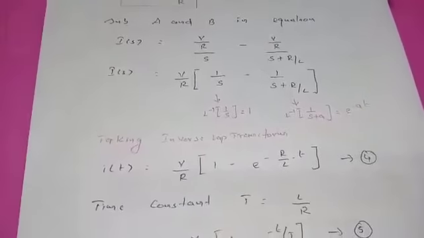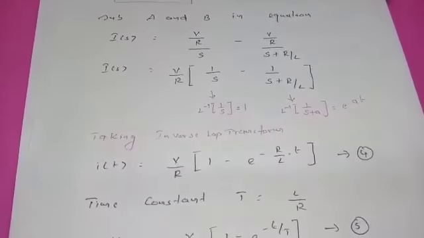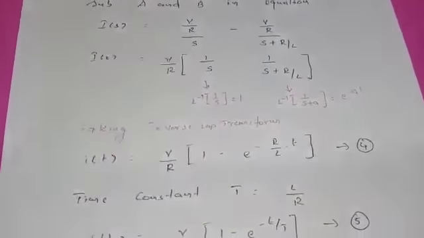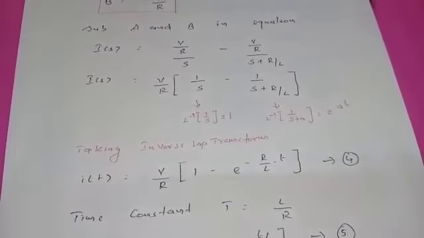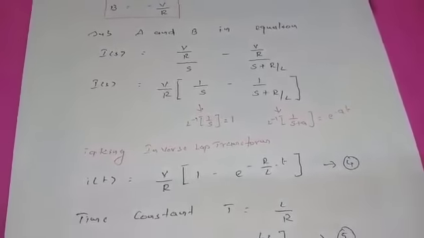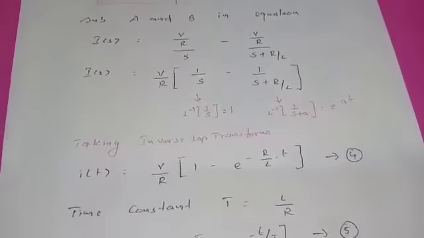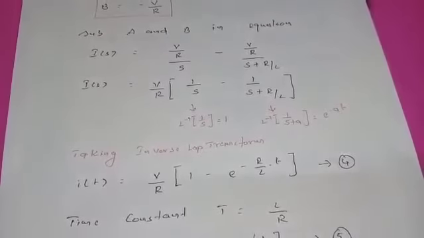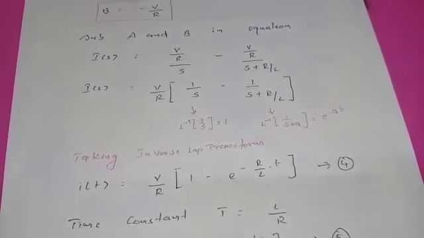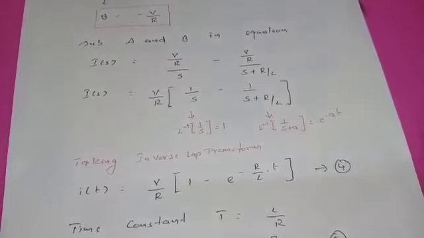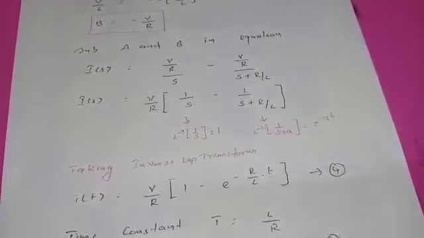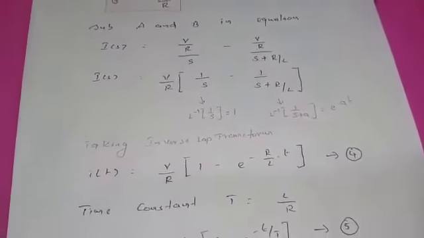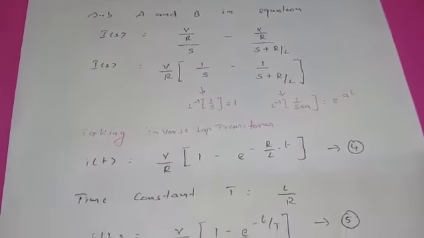So taking the inverse Laplace transform on the above equation, I of t is equal to V by R into 1 minus e power minus R divided by L into t, since S plus A here has A as R by L. This is equation number 4.